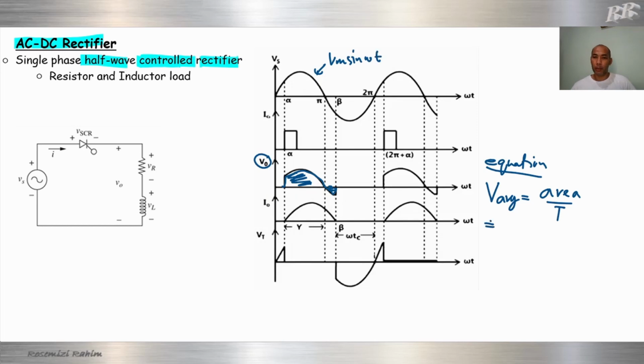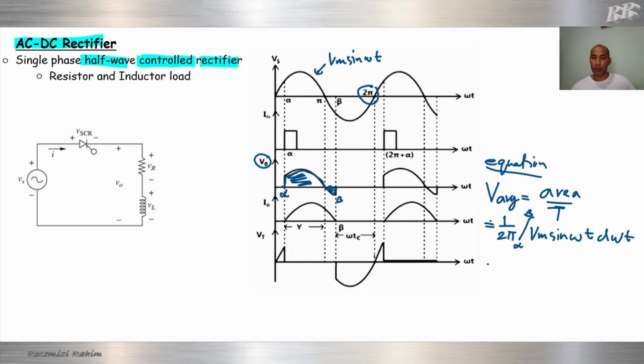So 1 over T is 1 over 2 pi, from alpha to beta, Vm sine omega t d omega t.